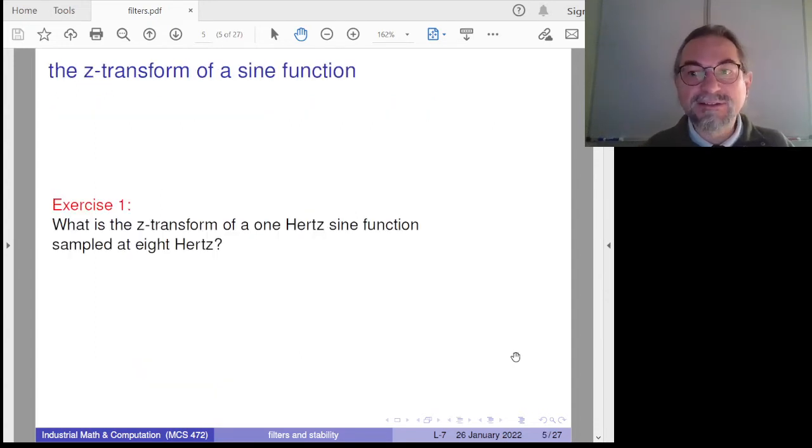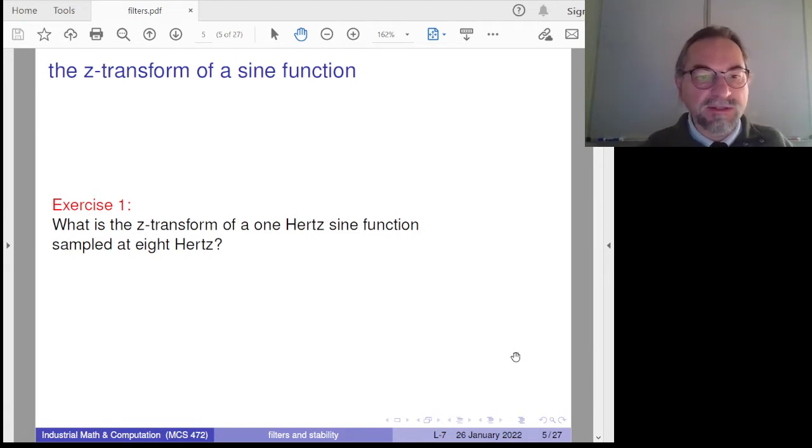First exercise, it's very much connected to the previous lecture. So what is again the Z-transform? So the Z-transform is the Laurent series starting at u0 and then plus u1 divided by z plus u2 divided by z squared.